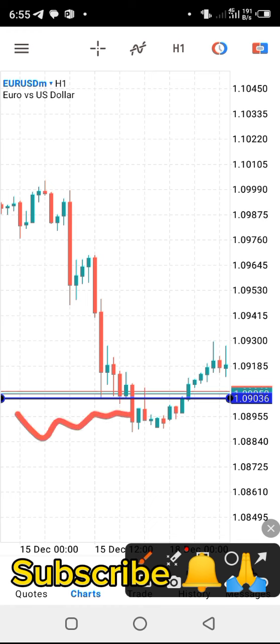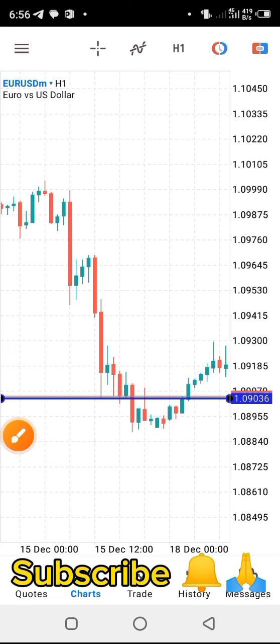Then we also have a break of structure. When you are in a downtrend, you're expecting lower highs, lower lows. Once you have a change of character, let's say a set of candles breaking the structure, going past your lower low and your lower high, then it means change of character stepped in. So there's a break of structure, in other words.